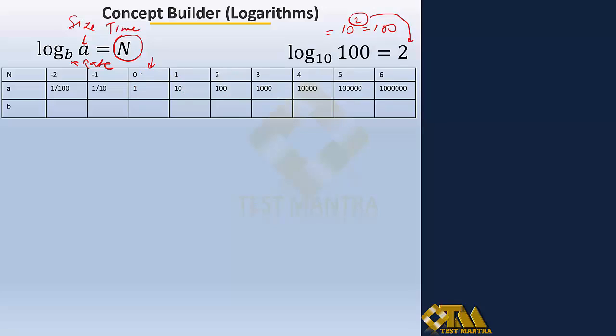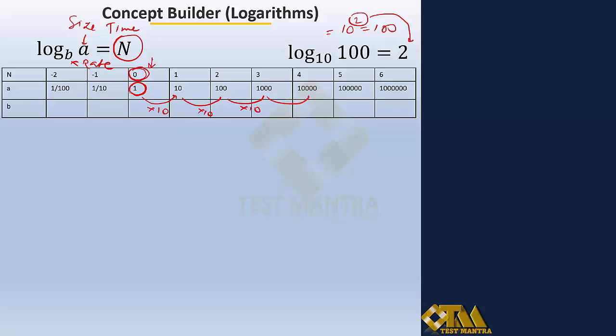In other words, I can say at the present level or 0th hour, my size is 1, and I am changing my size in such a format that it will become tenfold of the previous size in the next hour. That's why in the very first hour it will be size 10, and then again it will be 100 because it's into 10, then again into 10, 1000, and this process continues here, right?